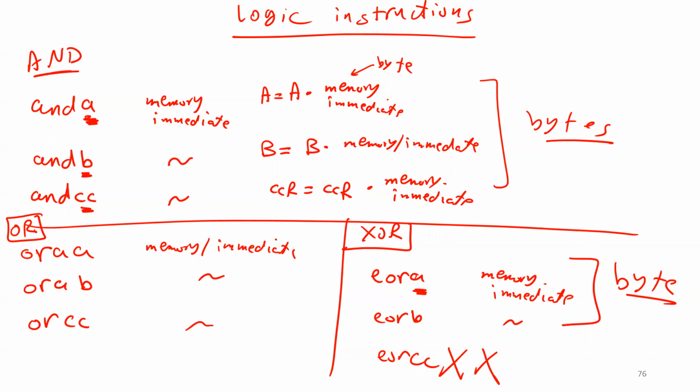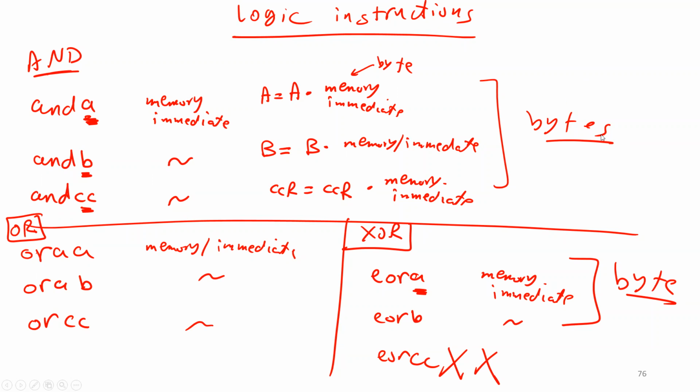We have another one for register B, and another for the flag register. So we have 3 instructions for AND. All of them are 4 bytes.